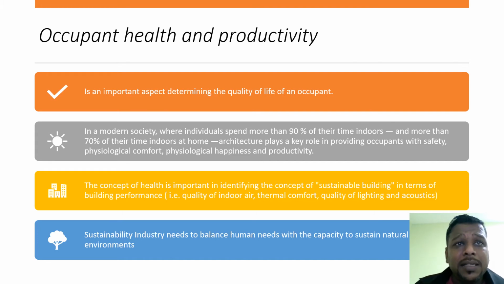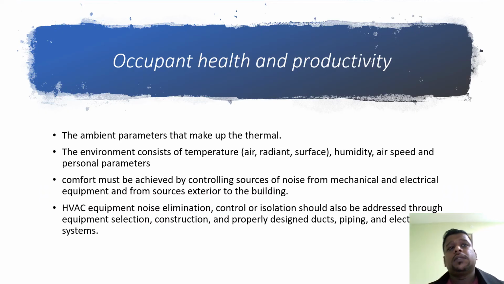The sustainability industry needs to balance human need with the capability to sustain the natural and cultural environment. The ambient parameters that make up the thermal environment consist of the temperature, such as air and radiant surface, humidity, air speed, and personal parameters.